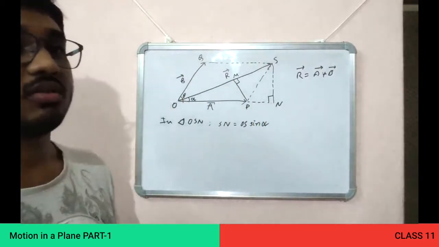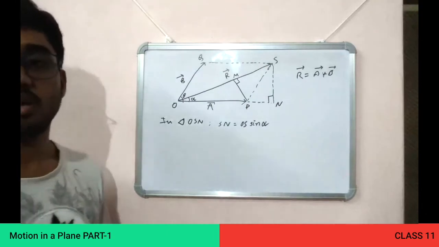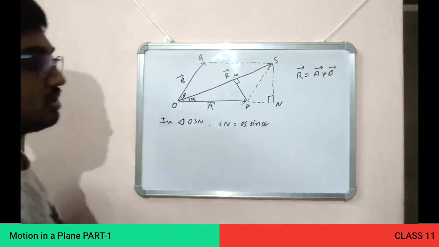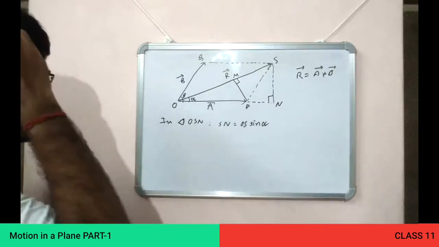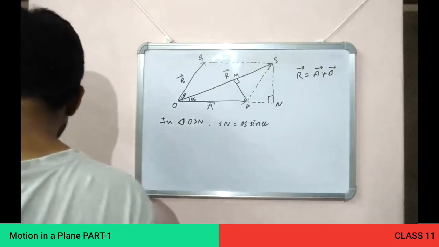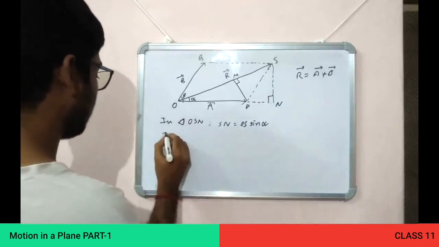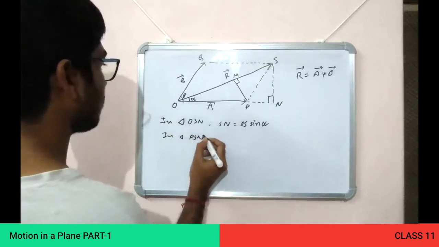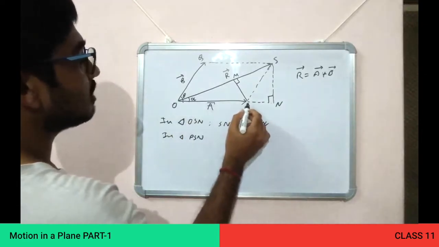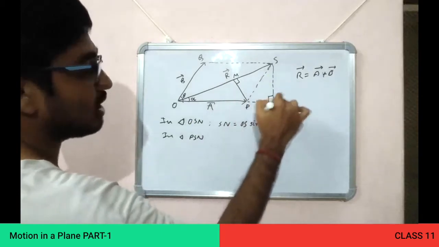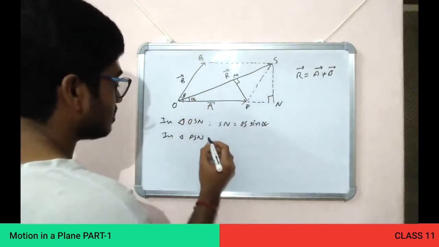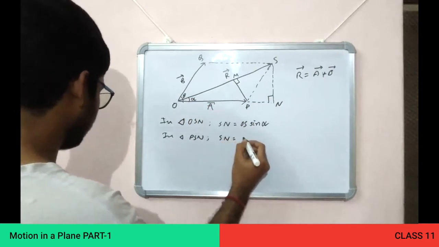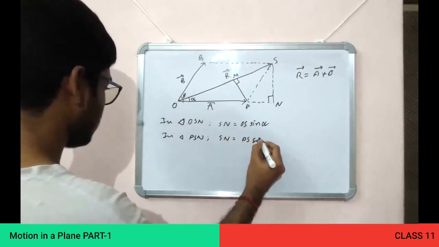You know, sin theta is equal to height by hypotenuse, cos theta is equal to base by hypotenuse. From that formula we can get this. And in triangle PSN, meaning this little dotted-line triangle, we get SN is equal to PS sin theta.